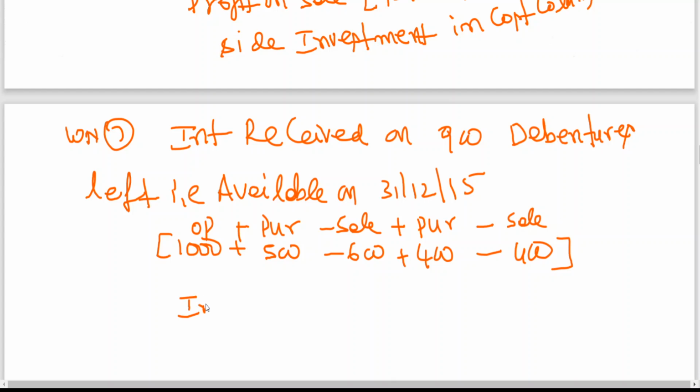So interest is equal to 900 into 100 into 15 by 100 into 6 by 12. 900 into 100 into 15% into 6 by 12. It is coming to 6,750.